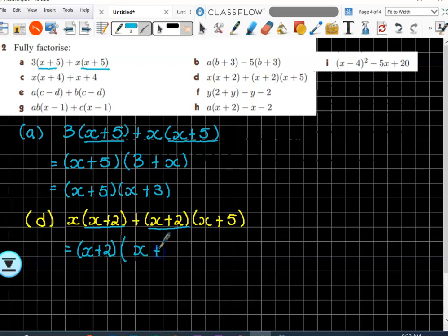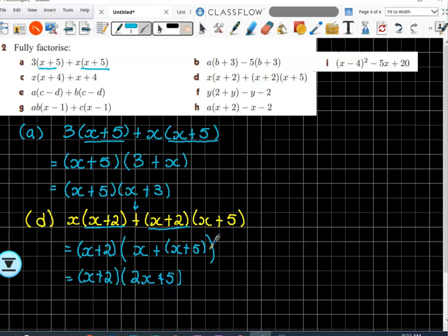And when I pull it out from the second term, now, when there's a plus here, this bracket is pretty much not necessary, because I can now simplify this to be X plus 2, X plus X is 2X, and then I get the plus 5. So I didn't really need those brackets there at all.